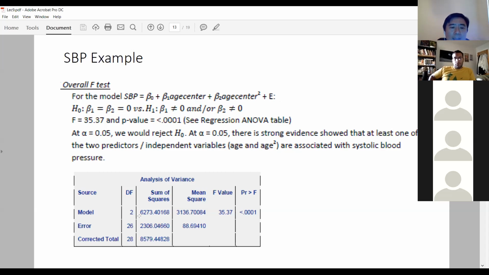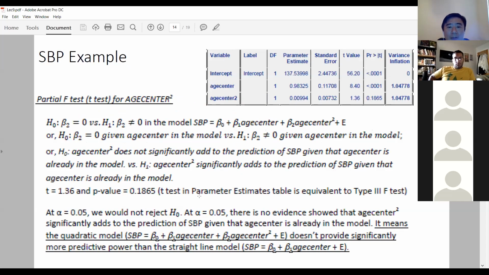Then you look at the sum of squares explained by the two models, calculate the difference in the sum of squares, and then calculate the p-value corresponding to that difference. It's not very easy. You have to do it manually. But the t-test is an equivalent test to the partial F test for the higher order quadratic term in this example.